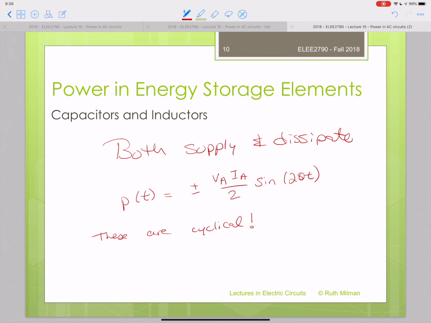Not only are they cyclical, if you consider the work over an entire period, then you take the integral of the instantaneous power over that entire period, that's going to be equal to 0. They're cyclical with an average power usage of 0.